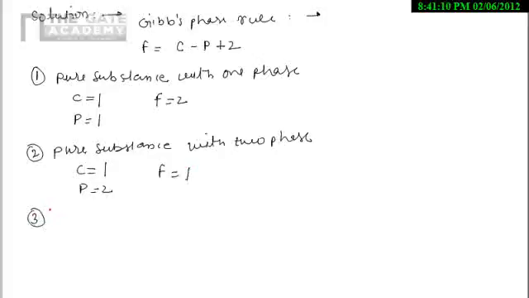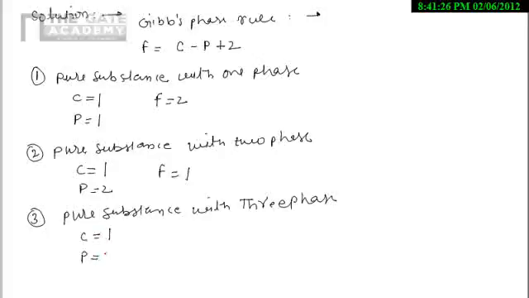Similarly, pure substance with three phase: C equals 1, P equals 3, so F will be 0.